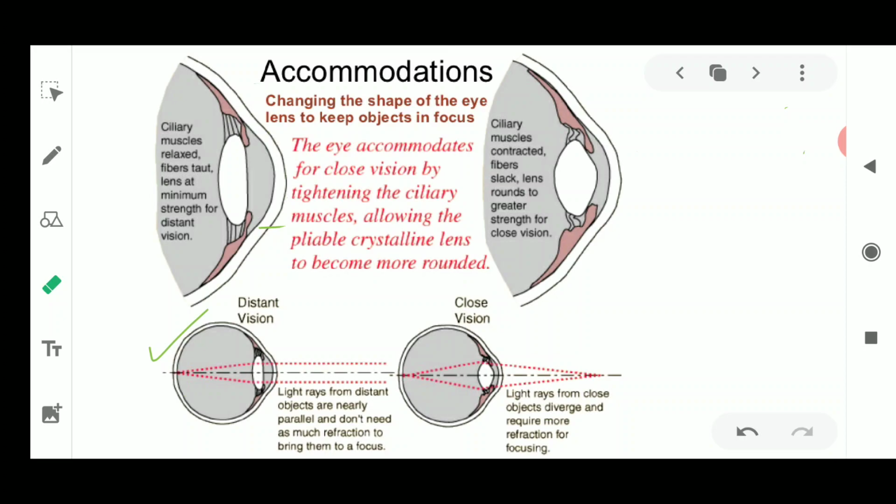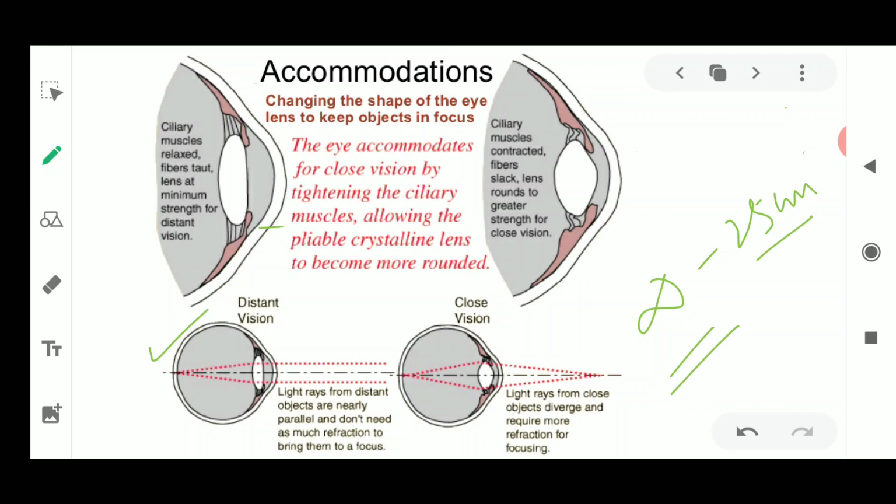The range of normal vision lies between infinity and 25 centimeters. So the least distance is 25 centimeters and the farthest point which we can see is infinity.